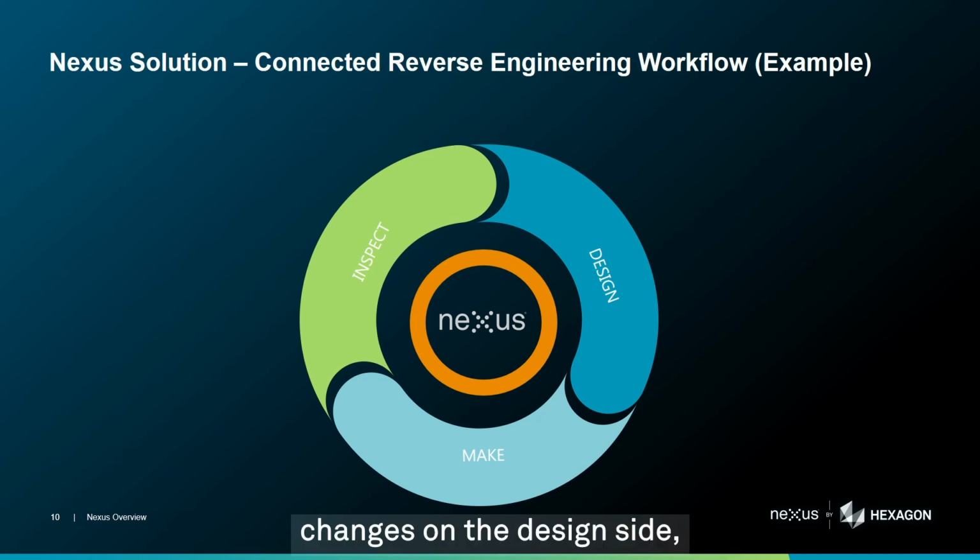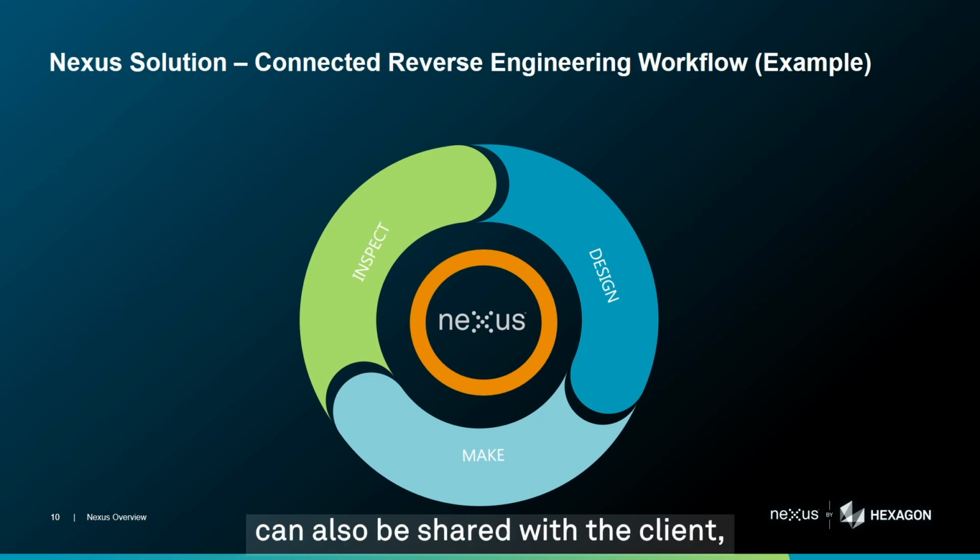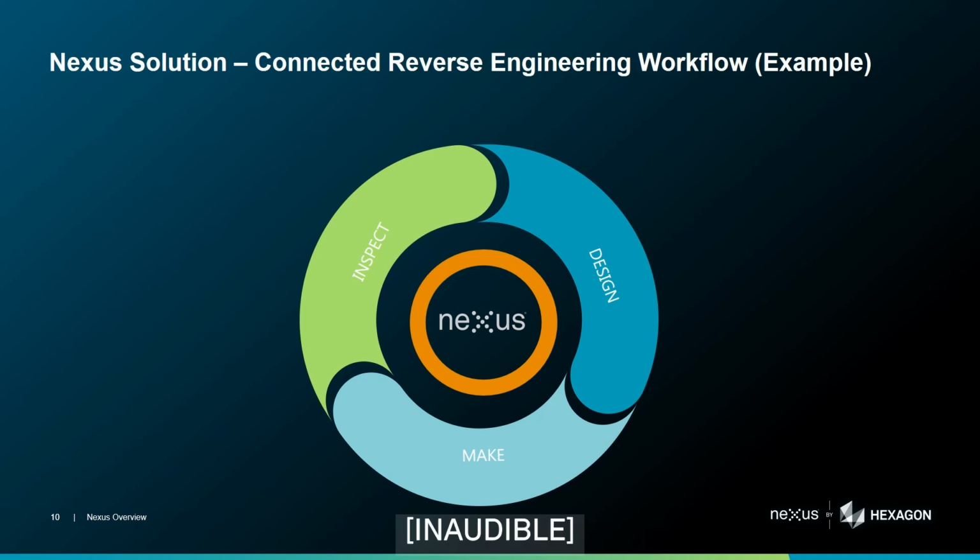If something changes on the design side, they can easily incorporate these changes in their plan. The information that is created by design can also be shared with quality so that they can start with inspection planning way earlier than when the part being manufactured on the machine is finished.